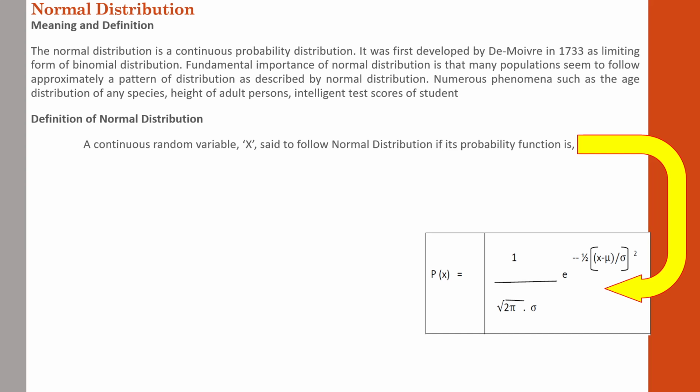In a normal distribution, important parameters are mean, otherwise known as mu, and standard deviation. These two are the most important parameters with regard to normal distribution. We will come to that part.